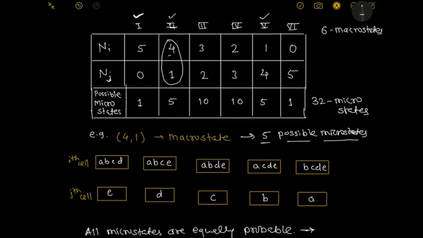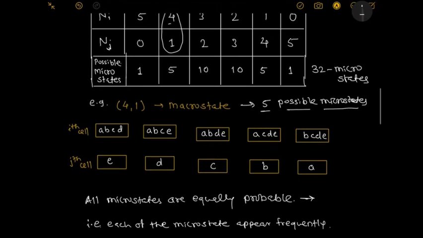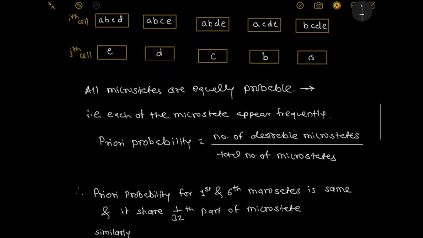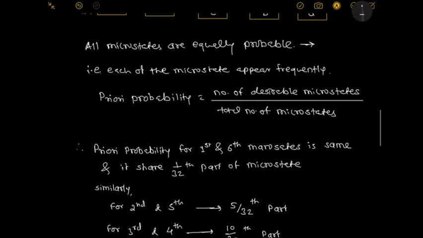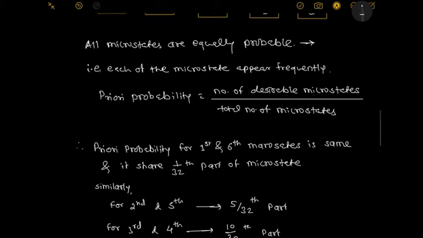Therefore, those microstates again appear frequently. Hence, for second and fifth, the a priori probability is again the same, and they share 5 by 32 part of the microstates.